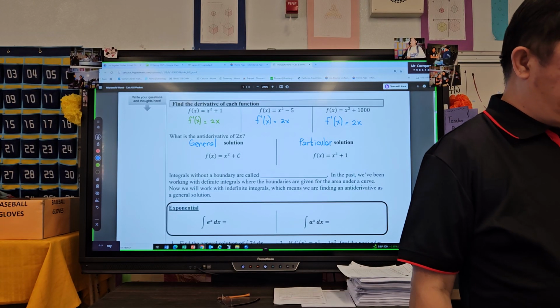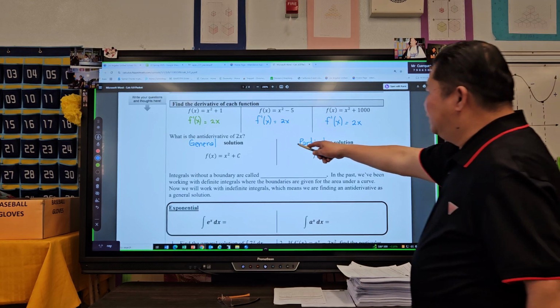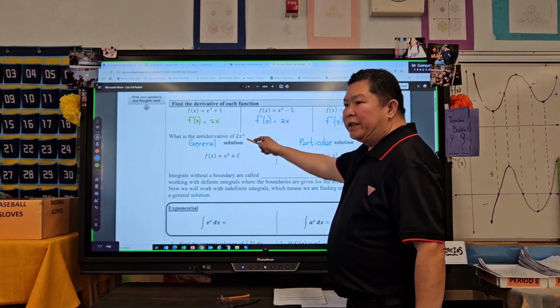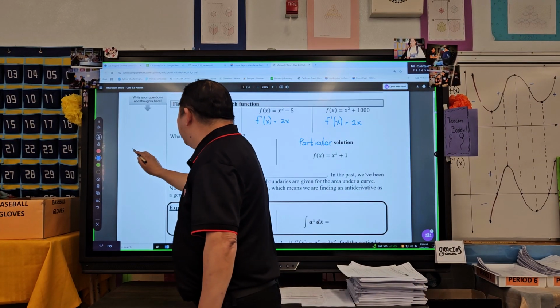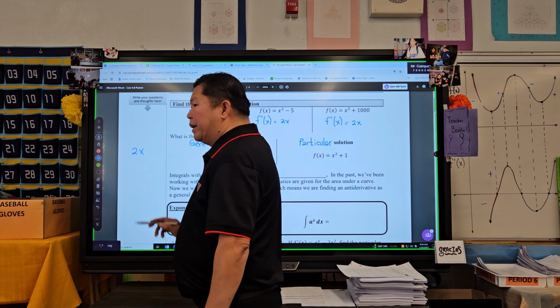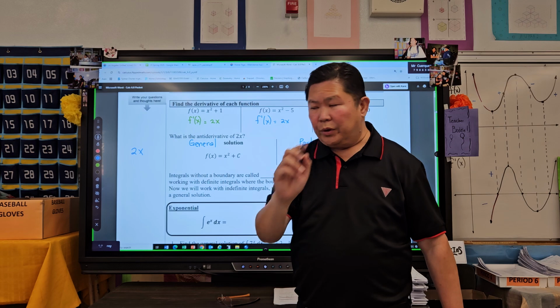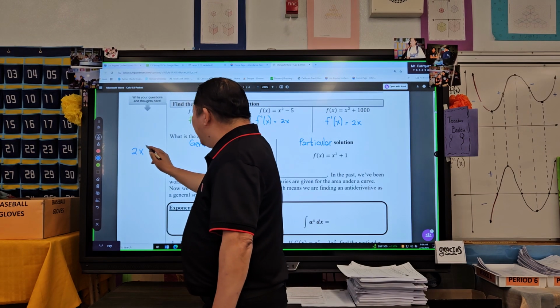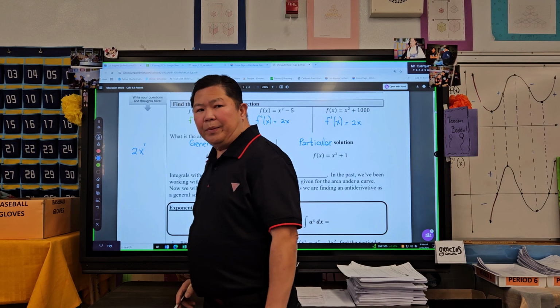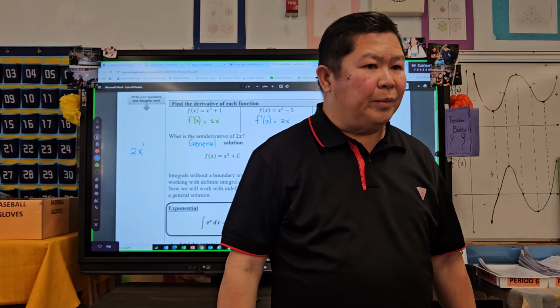Okay, so remember to do antiderivative of 2x. Doing antiderivative, the power increases by 1. Remember, this 2x is understood to have a power of 1. Do you get me?